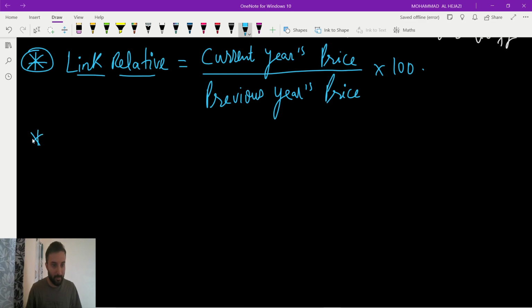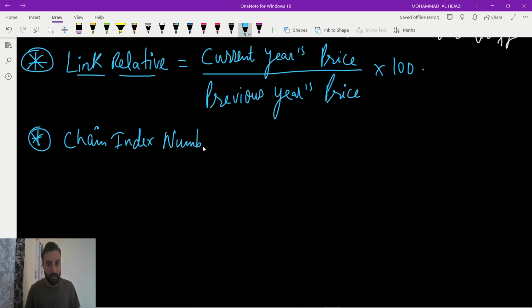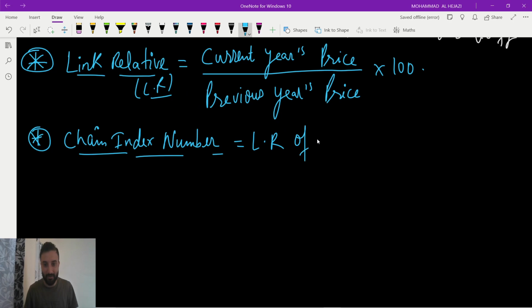Next is chain index number. The chain index number formula is link relative, I will write LR. LR here does not mean logical reasoning.